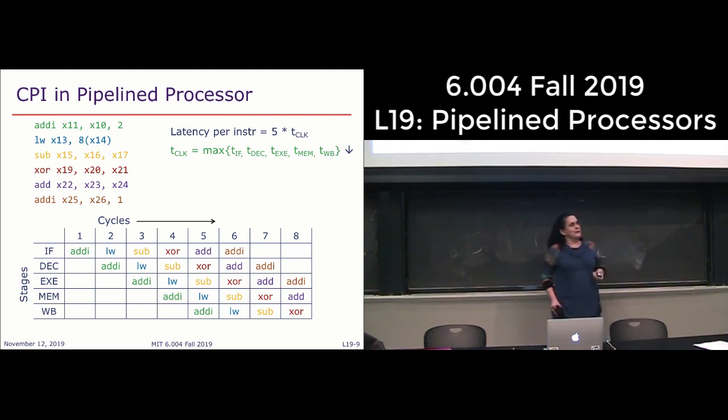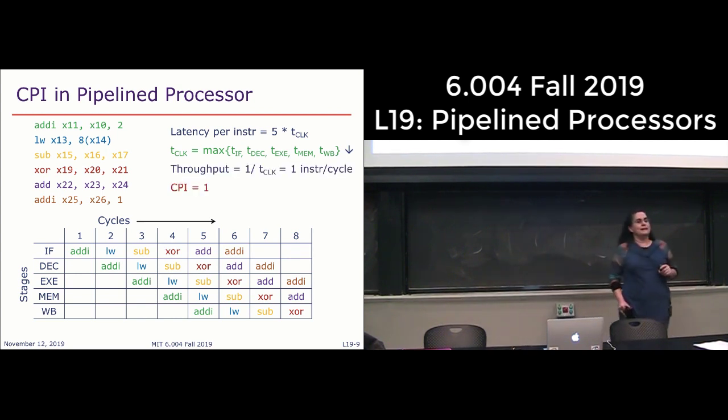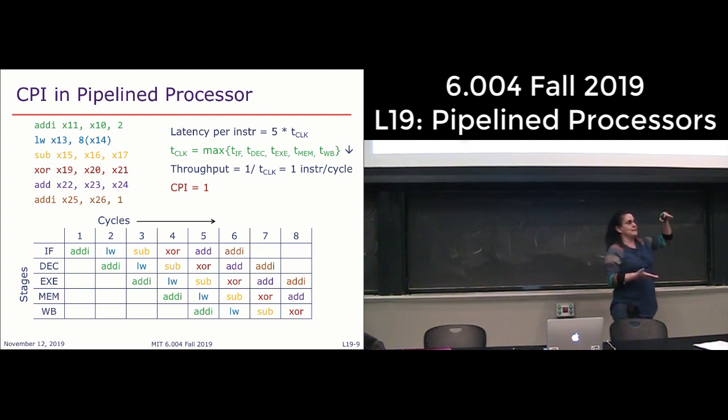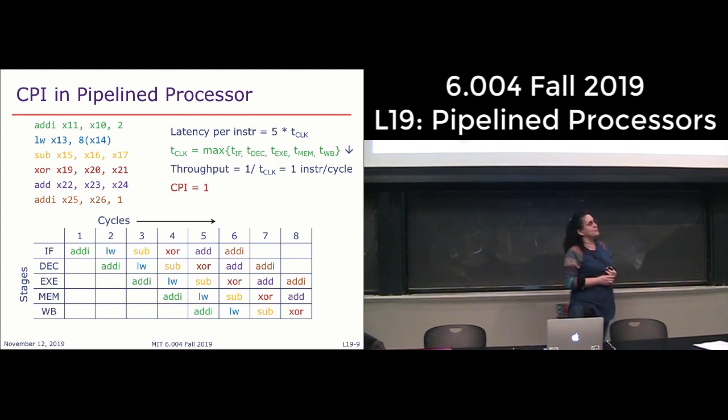But what's more important here is our throughput. What's the throughput of this pipeline processor? How often are instructions being completed? Yeah? Once every cycle. Once every cycle, exactly. So my throughput is 1 instruction per cycle, and so even though a single instruction takes 5 cycles to go from the input to the output of this pipeline processor, my CPI is back down to being 1.